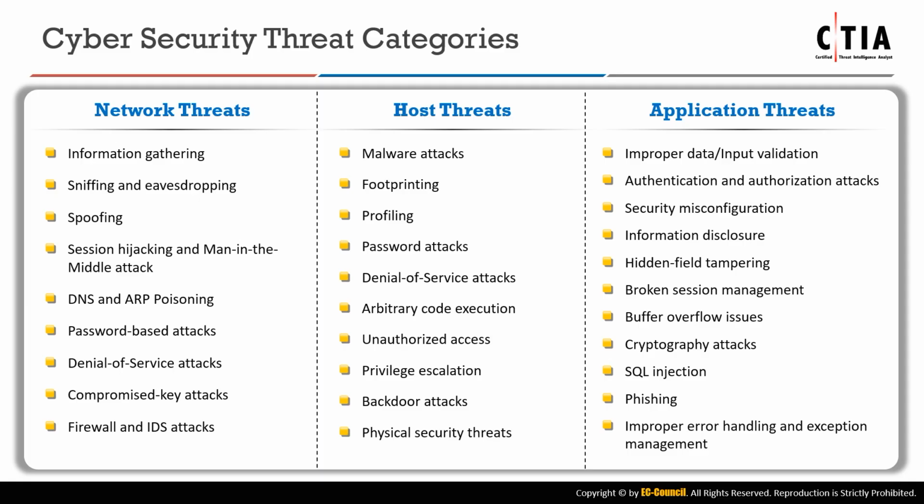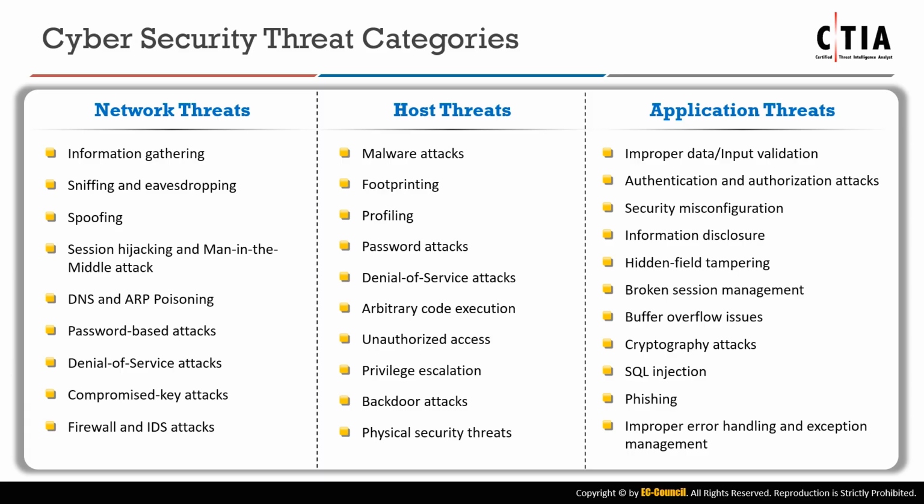Information disclosure, where information about the system, about the users on the system, about the software is inadvertently disclosed, allowing an attacker to get a better chance to gain access to that application stack. Also, hidden field tampering and broken session management and buffer overflow issues. We can go on and on. Each one of these is an entire week's worth of class as to how these are conducted.